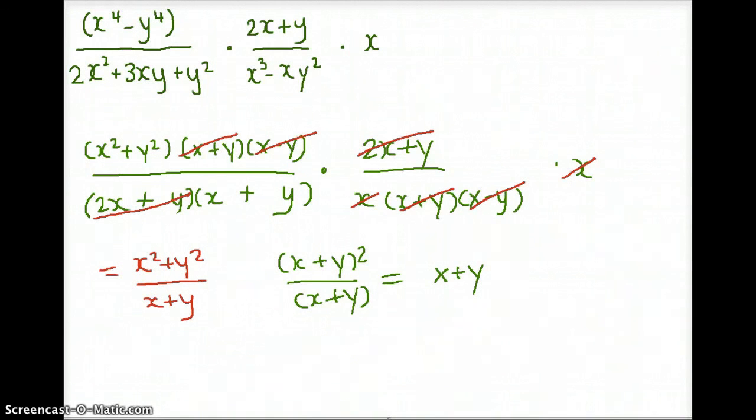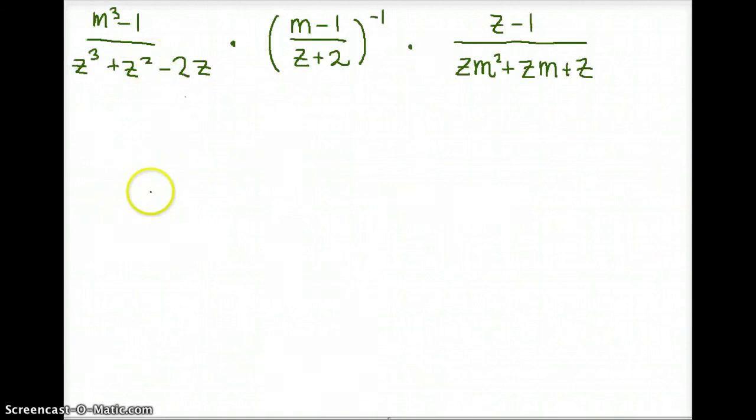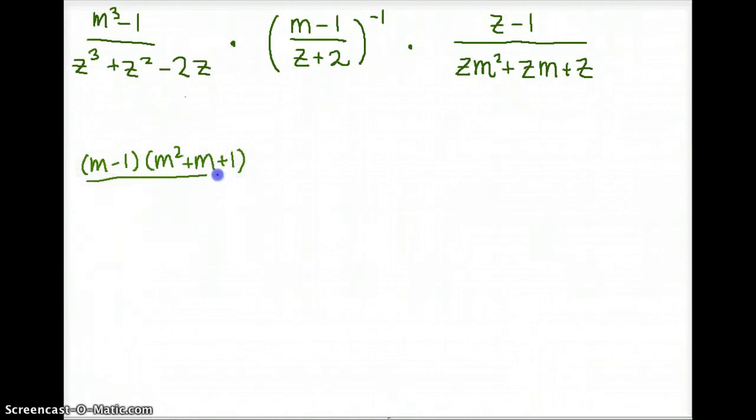Okay. So, next question. First we're going to factor everything. So if you remember, something cubed minus a variable cubed minus 1, this equals m minus 1, m squared plus m plus 1 over, and then here we're going to factor out the z.